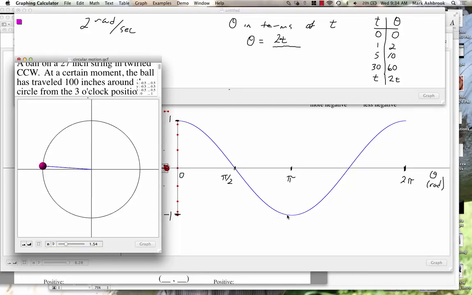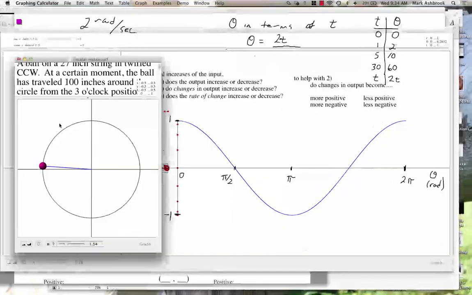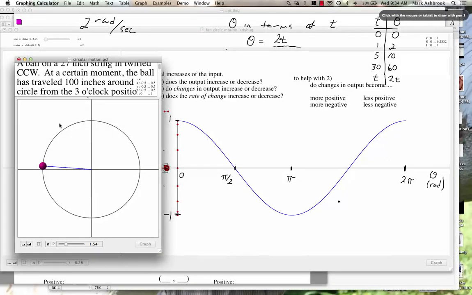That's what we're seeing with this point right here. And then the bottom of the circle, angle is 3 pi over 2, or 1.5 pi. Horizontal position is 0, and then when it gets back to the starting point, it's swept 2 pi, and the horizontal distance to the right is 1 full radius length.